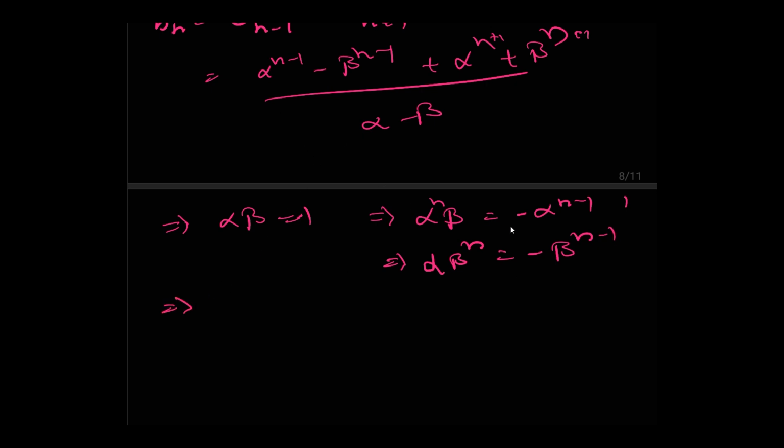Now, substitute the values into this. Let f of x equals x power 4 plus ax cube plus bx square plus c be a polynomial with real coefficients such that f of 1 equals minus 9.